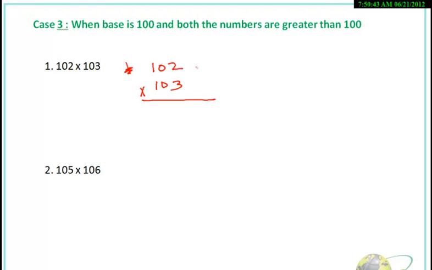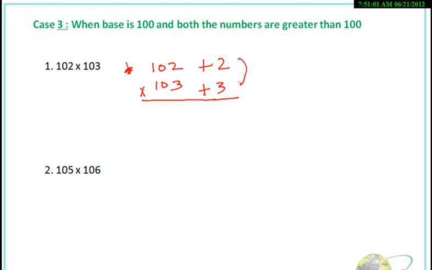In this case, since the numbers are greater than 100, we'll be finding out the difference in positive. So 102 is plus 2 from 100 and 103 is plus 3 from 100. The remaining things will be same.